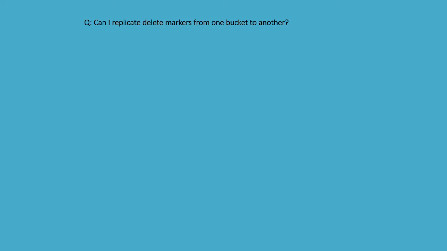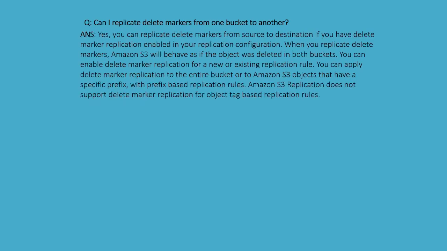Can I replicate a delete marker from one bucket to another? Yes, you can replicate delete markers from source to destination. If you have delete marker replication enabled in your replication configuration, when you replicate the delete marker, Amazon S3 will behave as if the object was deleted in both buckets.